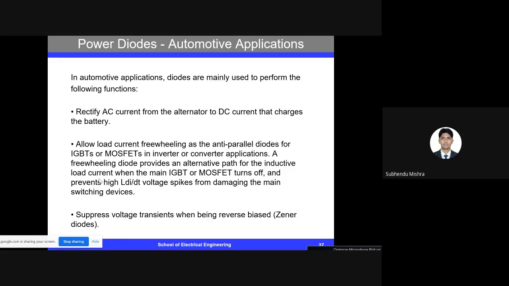Okay, so they are used to allow the load current freewheeling action as the anti-parallel diodes for the IGBTs or MOSFETs in the inverter or converter application. So we will see further. This is also a very important concept called the freewheeling diode. So we cannot just use any diode. We have to use a power diode for the freewheeling, and they are also used to suppress the voltage transients, for example, when reverse biased.